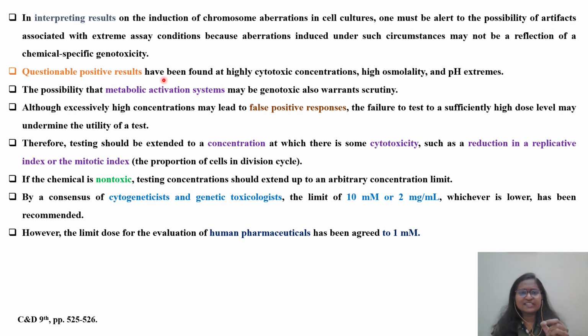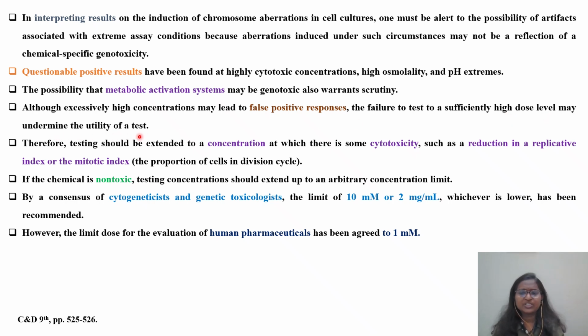Questionable positive results have been found at highly cytotoxic concentrations, high osmolality, and pH extremes. So this is very important. We are entering into highly cytotoxic concentration. The possibility that the metabolic activation system may be genotoxic also warrants scrutiny. Although excessively high concentrations may lead to false positive responses, the failure to test to sufficiently high dose levels may undermine the utility of the test.